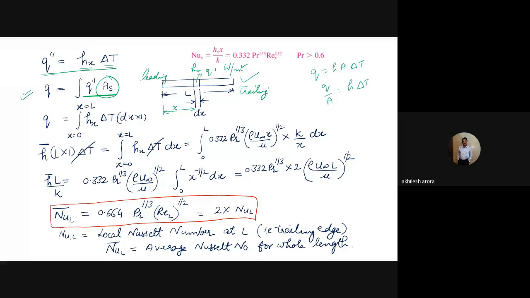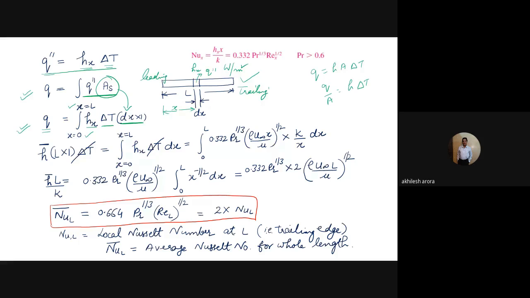This value can be rewritten as follows. Here I have used the area: this is that small area for which the heat flux has been considered, meaning the area of the small strip multiplied by the local heat transfer coefficient into delta T. I can integrate this equation from x is equal to 0 to x is equal to L. This way I can calculate the heat transfer.